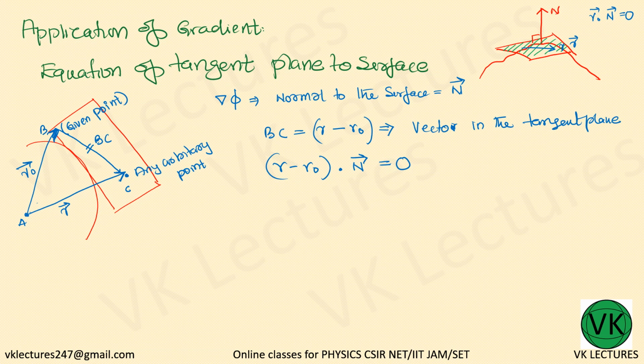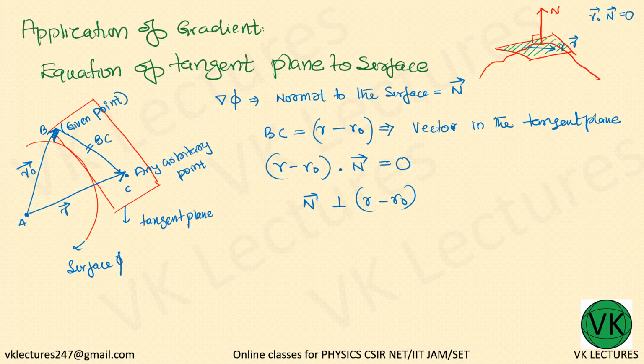So this is a tangent plane, and this is the surface phi. Which means that vector n is perpendicular to r minus r naught. Since they are perpendicular, you take the dot product and you get 0.